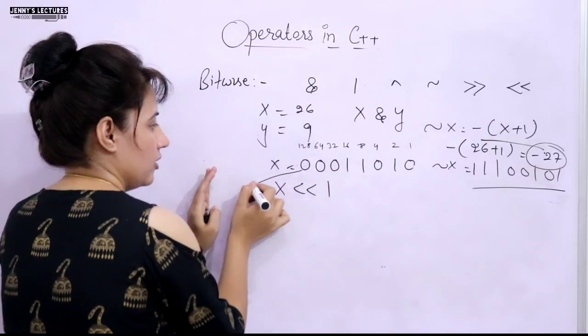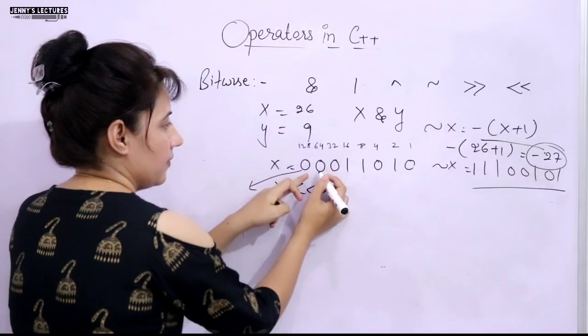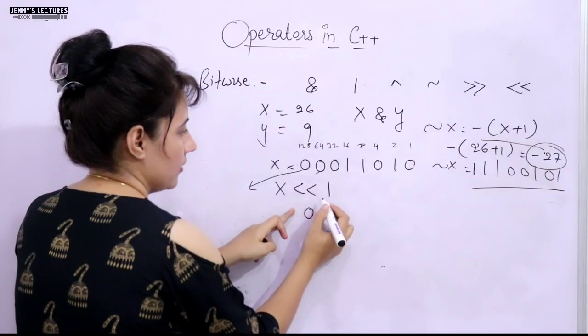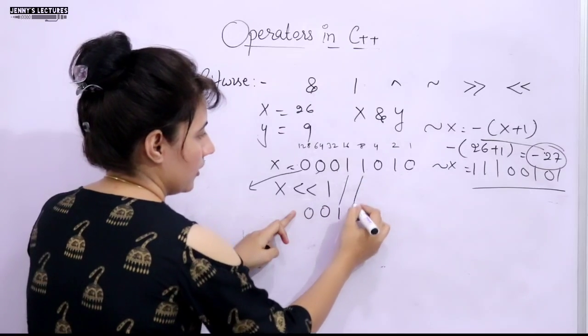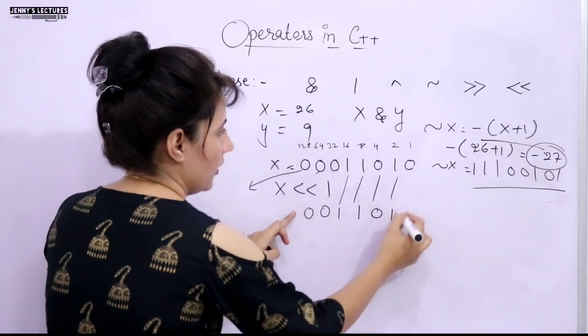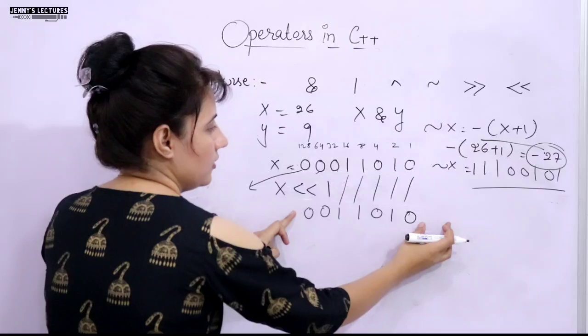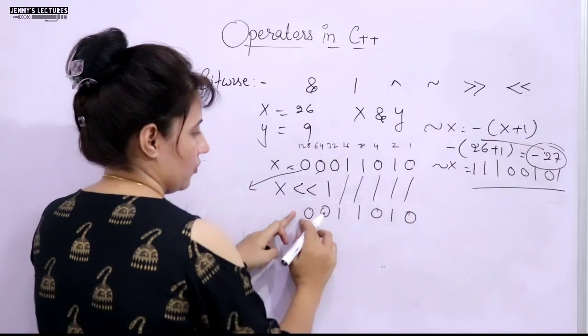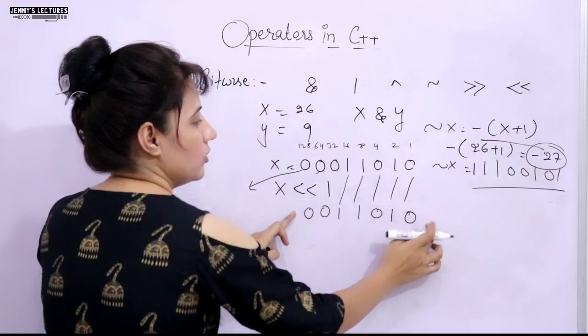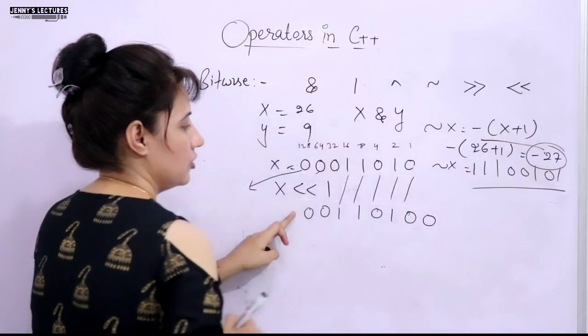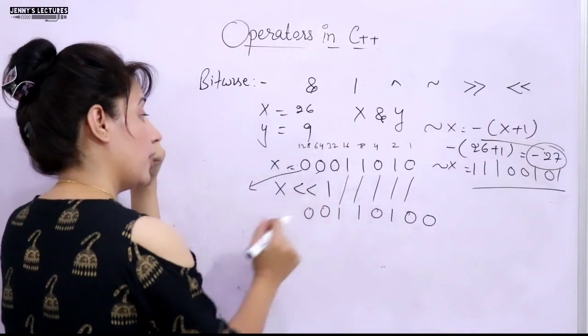So this would be discarded, this 0 would be here, right? Then this 0 would be here, then we have 1, then 1, then 0, then 1, then 0, and 1. We have only 7 bits, so the remaining bit would be filled with 0. So this would be left shifted by 1.